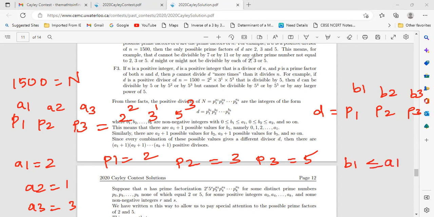And it is also a positive integer, so we should include greater than or equal to 0 also. Do you understand this fact?